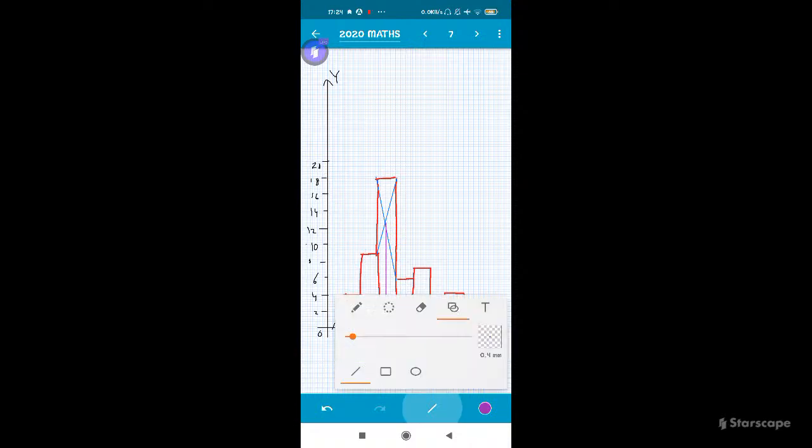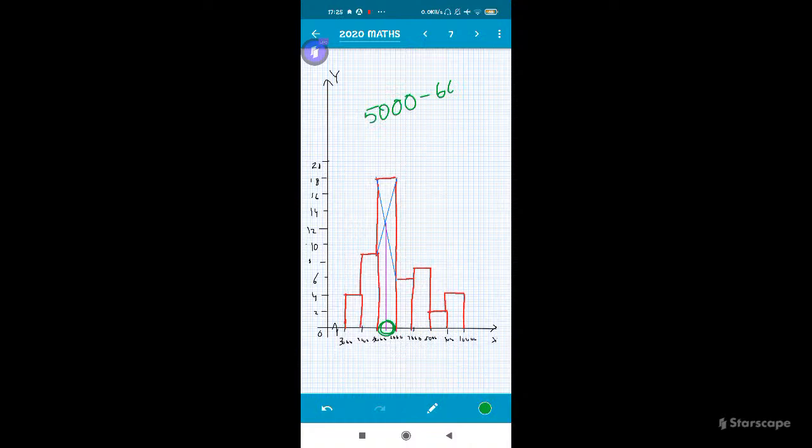So the point where this line is touching, and it is not exactly in the middle, so I consider it to be 5400. People can have a little more different values like 5300 or even 5500. Both these answers are correct, but if we want to be exact, 5400 will be our mode. Also, don't forget to write down what the x-axis denotes.